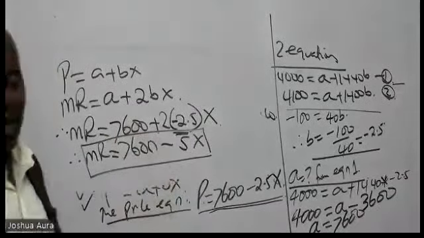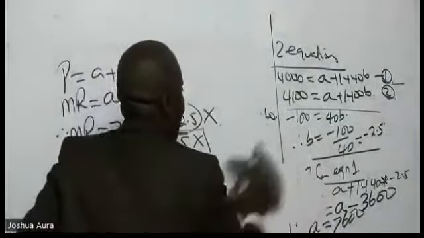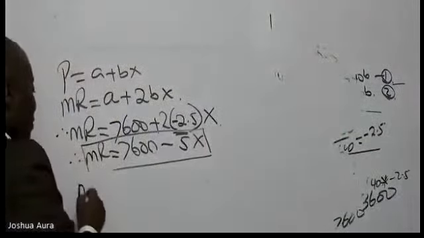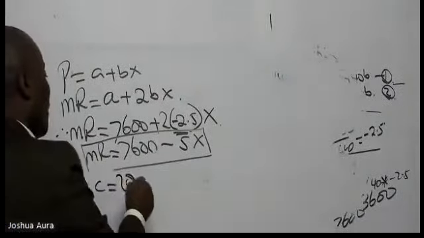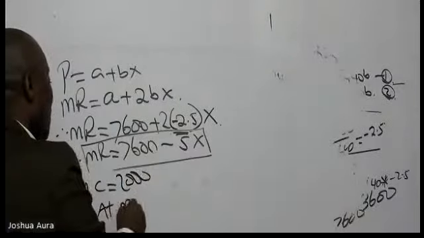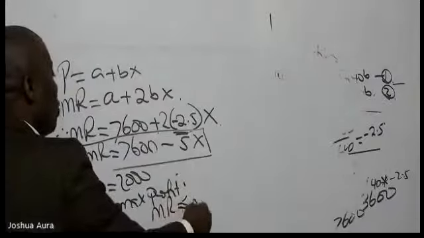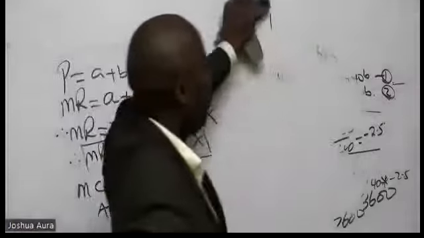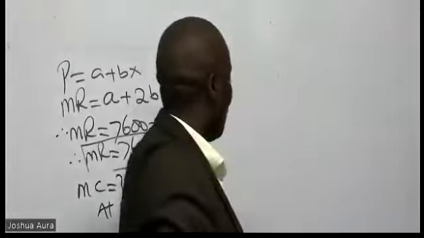Now, once I get this, remember that you had given me marginal cost. For the double room, you told me marginal cost is 2,000. And you told me that at maximum profit, marginal revenue should be equal to marginal cost.